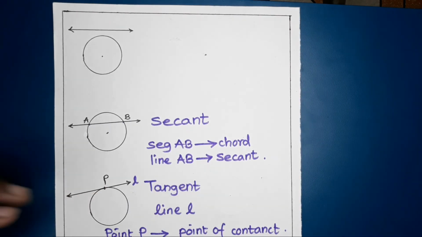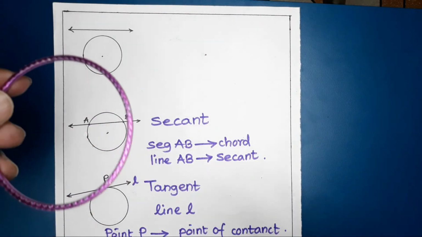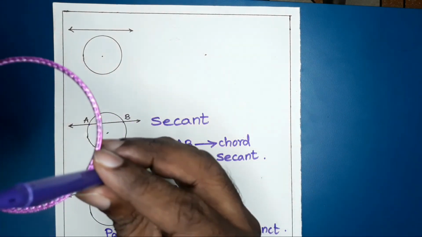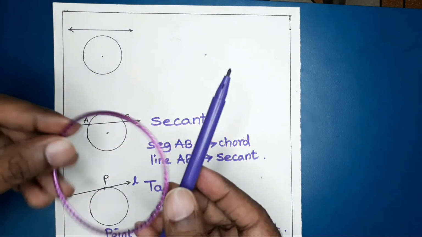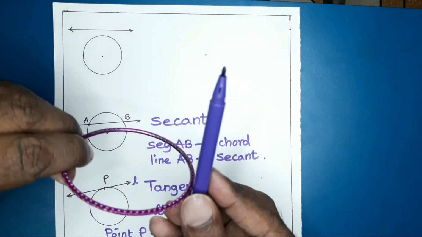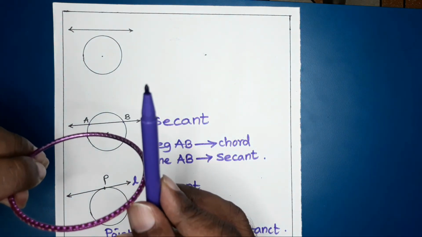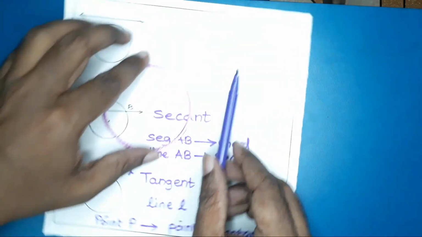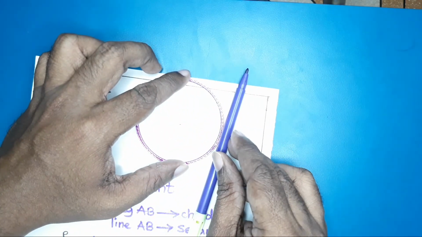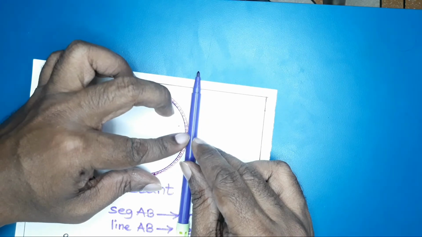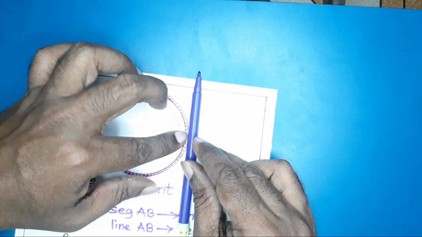If suppose the circle is like this and the line is in a different plane, then look at this figure, this is not called a tangent. Both the line and the circle should be in the same plane. Then this point is called the point of contact.